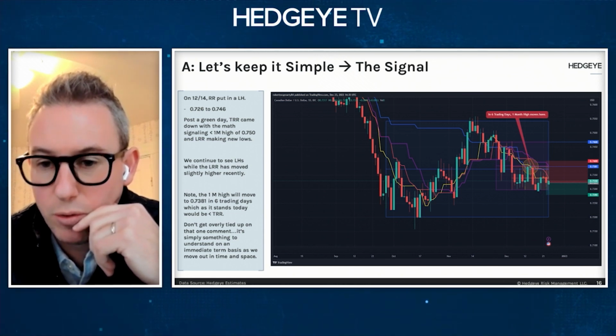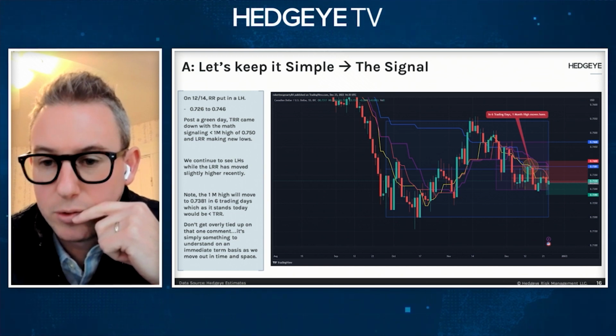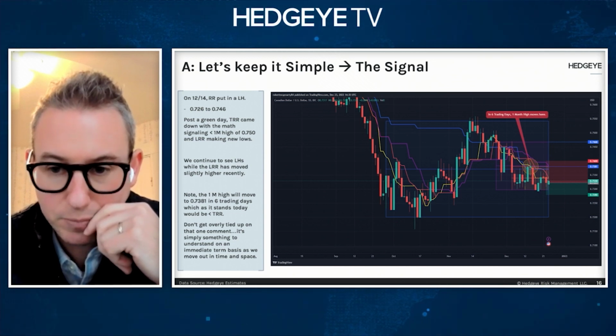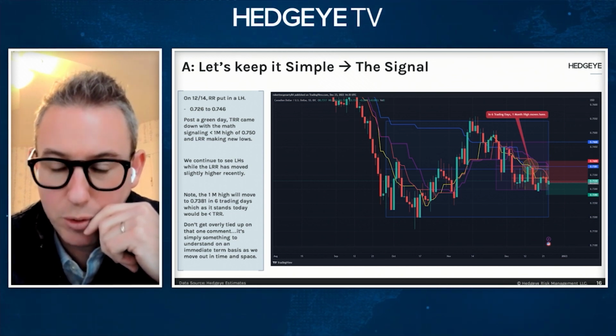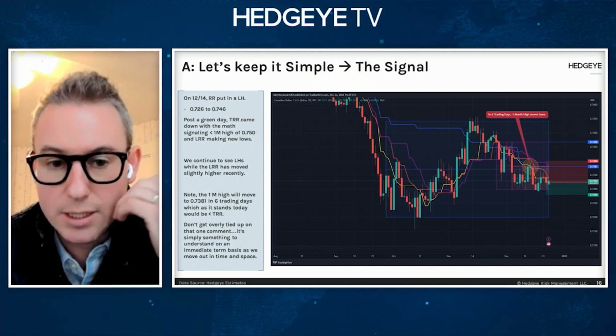As you move to the right, it drops down to that first green bar, and then after that it'll drop down to the 0.7381 level. So 0.7381 is going to be the new 1 month high in 6 trading days.